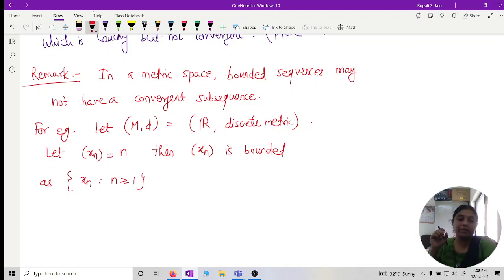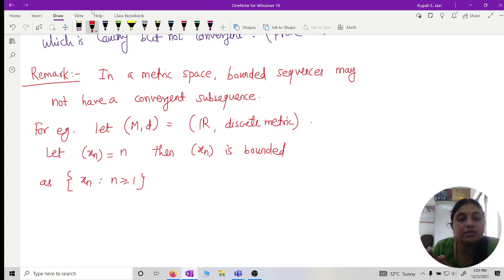When I say that a sequence is bounded in a metric space, it means every element of that sequence is contained in some open ball, with some center and some radius. The sequence is 1, 2, 3, 4, 5, 6 and so on. I am saying xn is bounded.